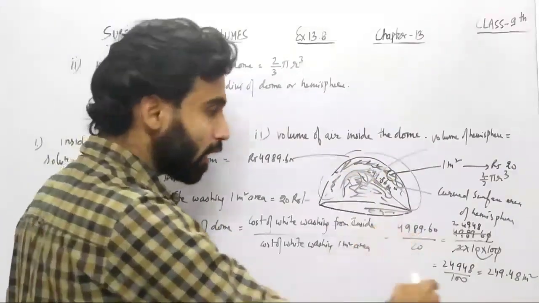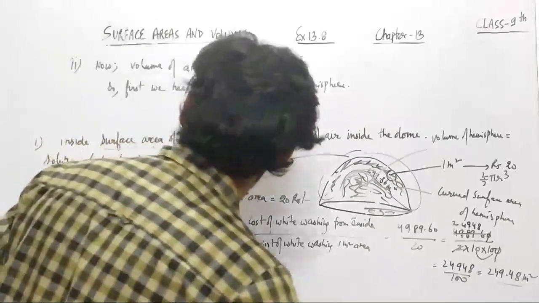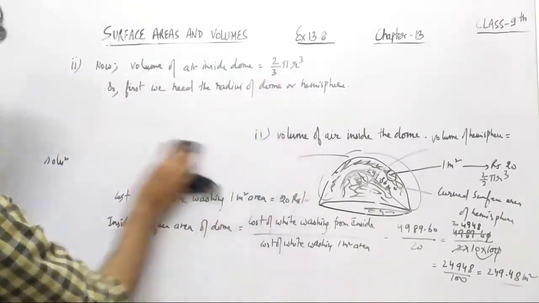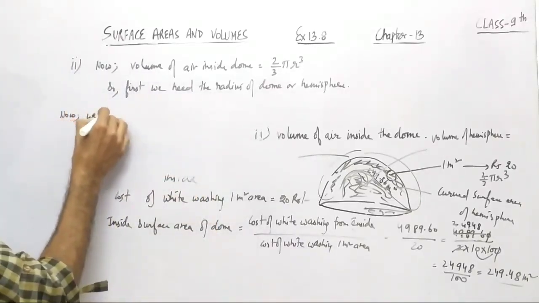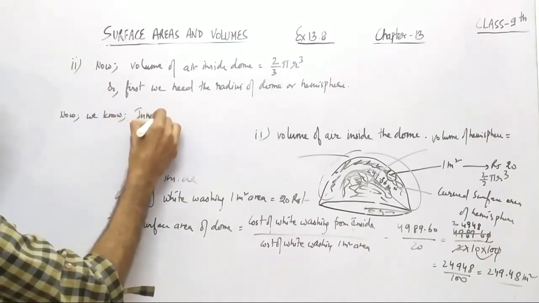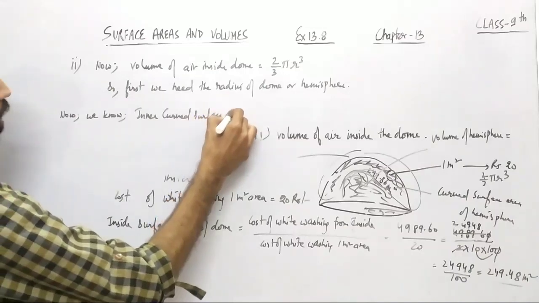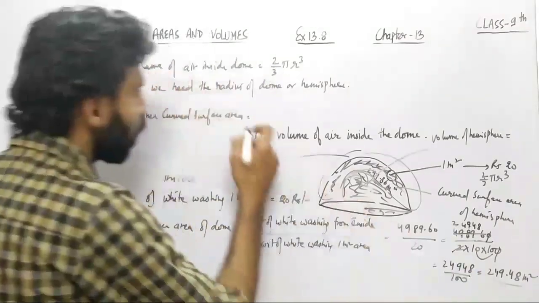So the curved surface area is 249.48, right? Let me just make some space here. Now we know the inner curved surface area that we have calculated here, that is 249.48, right?